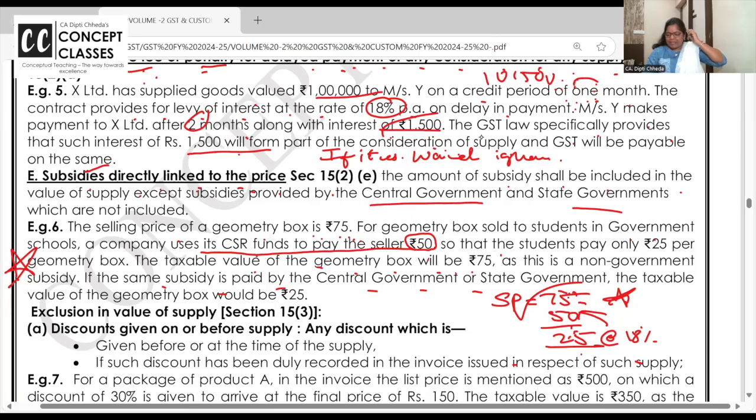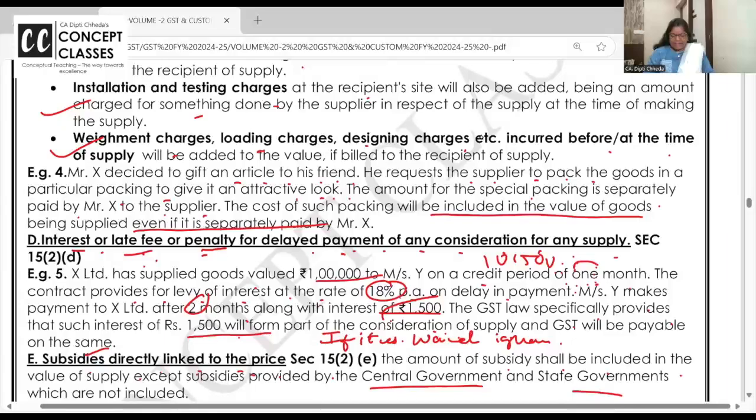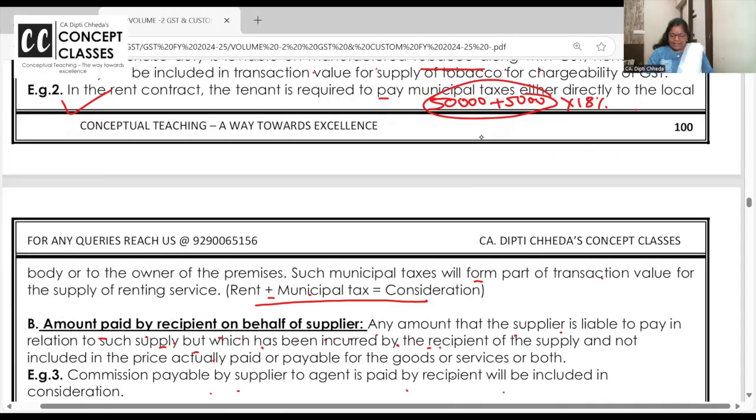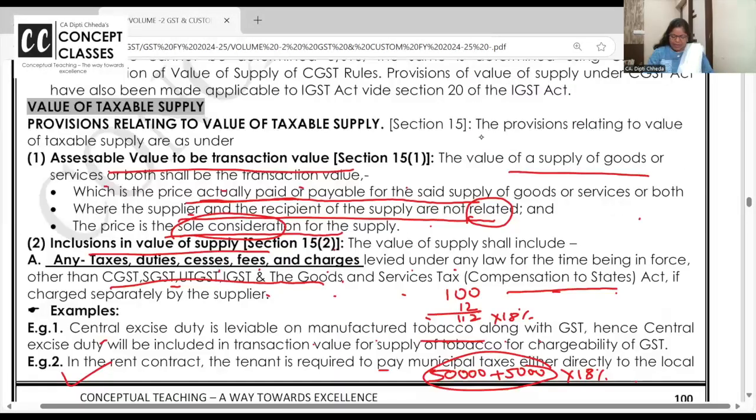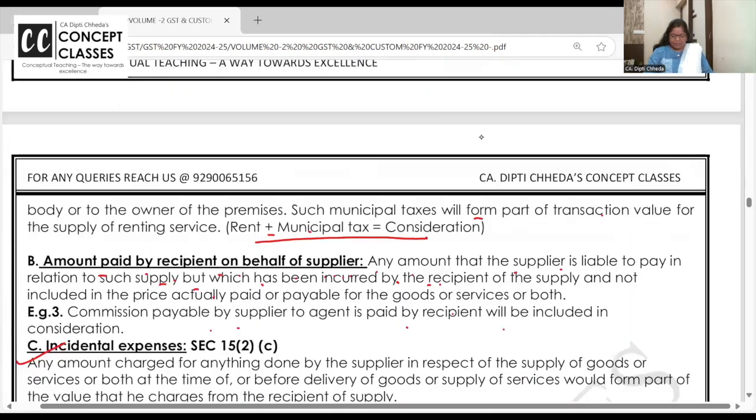Okay, so we have completed 5 items in section 15, A, B, C, D, E. What is to be added in the arm's length transaction value? Add all the taxes, duties, cess except the GST.